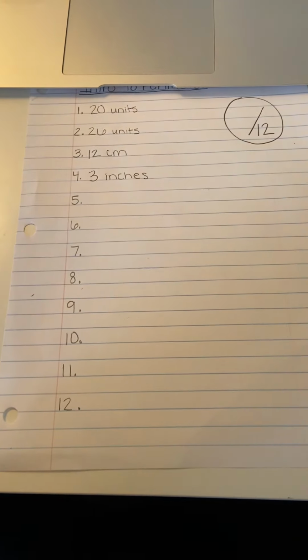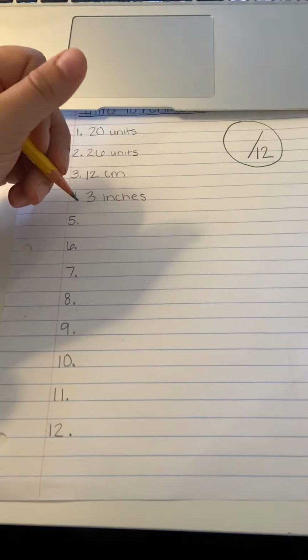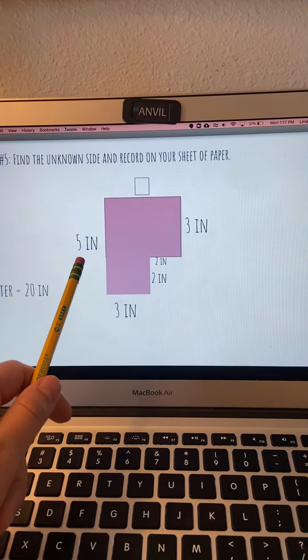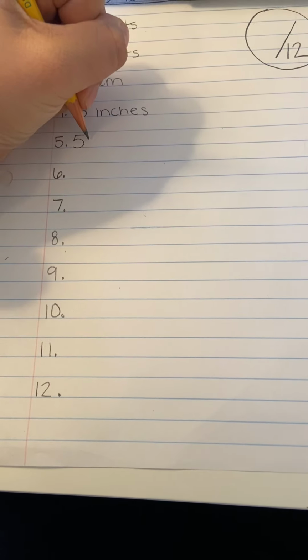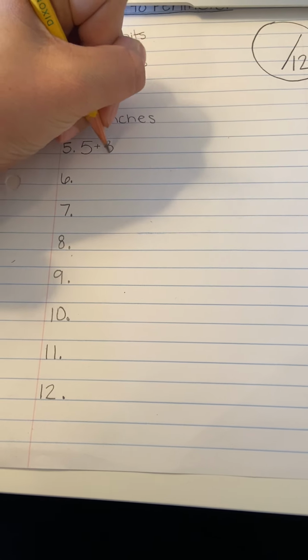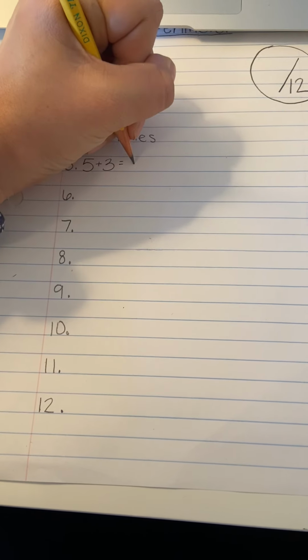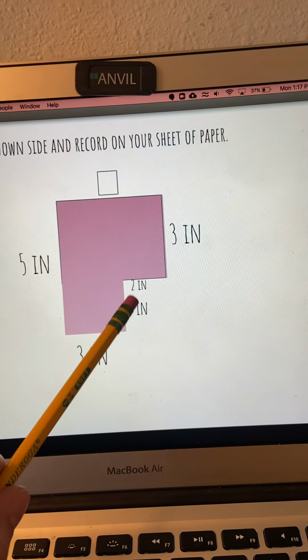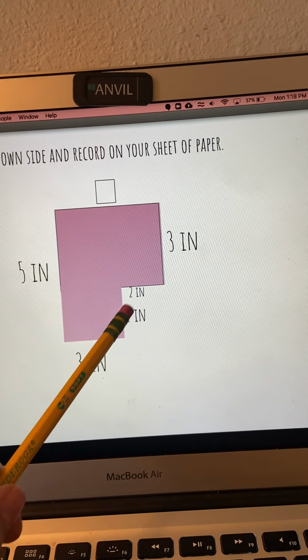So on my sheet of paper, I'm going to add 5 inches plus 3 inches. Which is 8 inches. And then I need to add 2 plus 2, I can do that in my head.